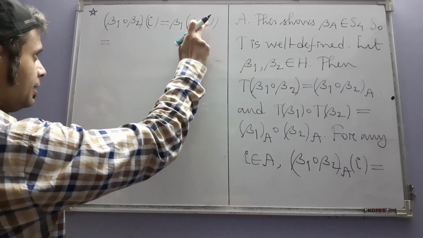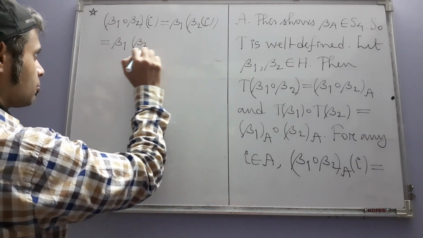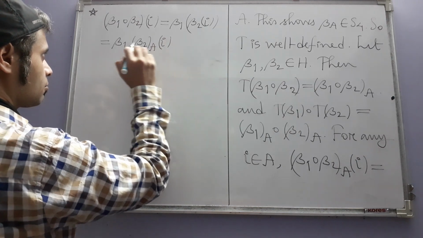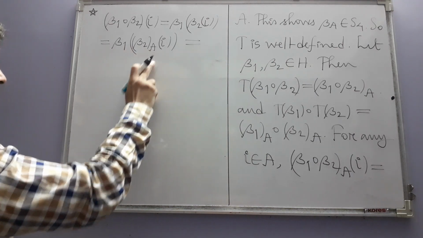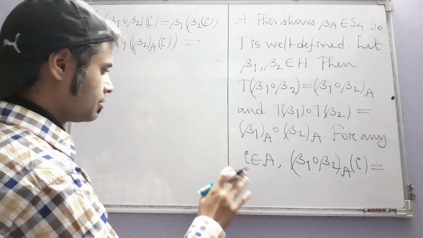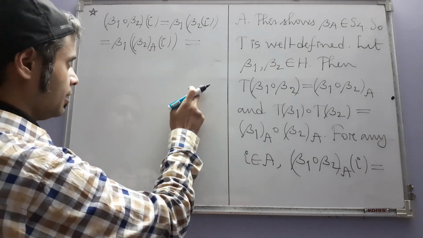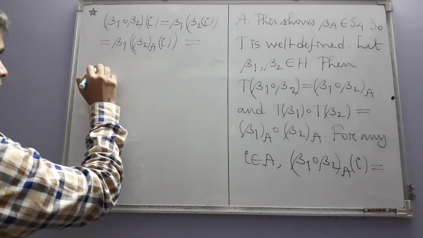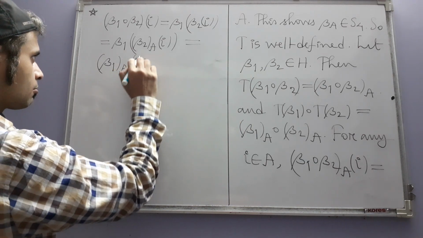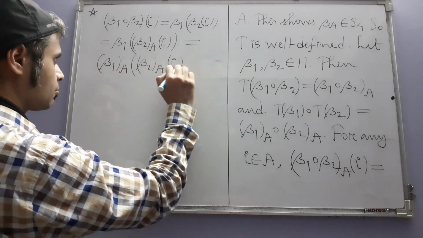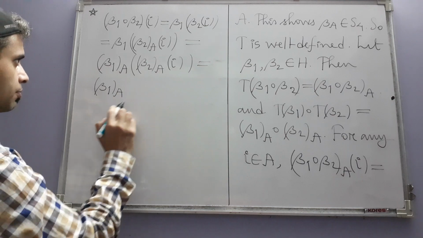But because I is coming from A, we have this. But since beta 2 restricted to A maps something from A again to something in A, this beta 2 A image of I is again in A, and that's why this entire thing is equal to this, which again by the definition of composition is this.